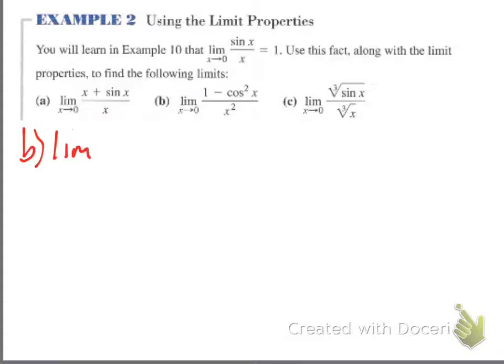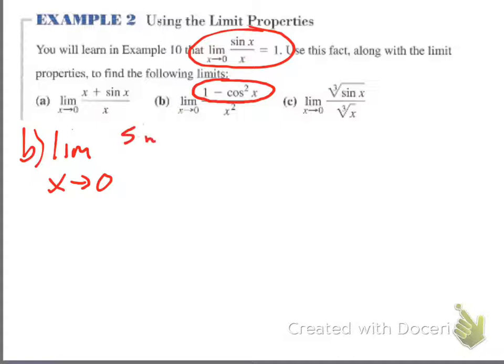Now, guys, they're giving us this information because they probably want us to use that limit at some point in the problem. So if you look at 1 minus cosine squared, if you remember your trig identities, you will remember that 1 minus cosine squared is sine squared.